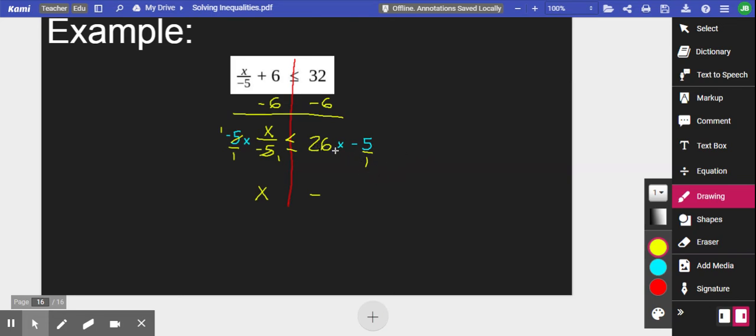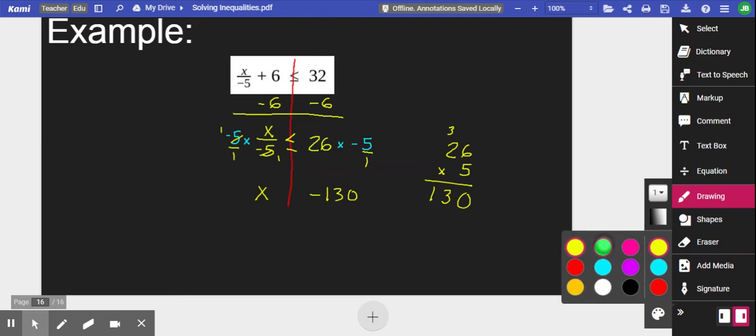And then we have 26 times 5. So to show my work here, 5 times 6 is 30. Let's write our 0 and carry our 3. 5 times 2 is 10, plus 3 is 13, so it's negative 130.